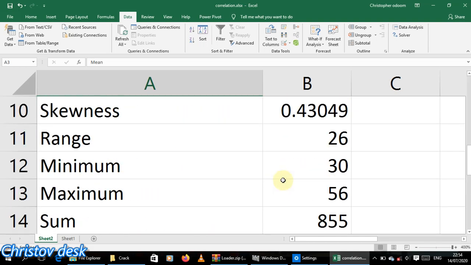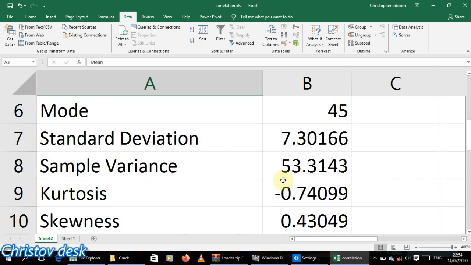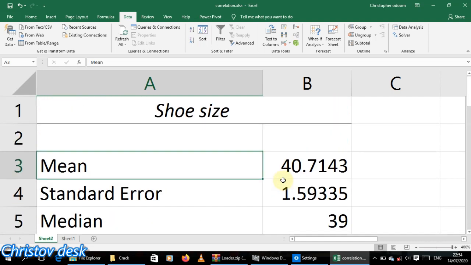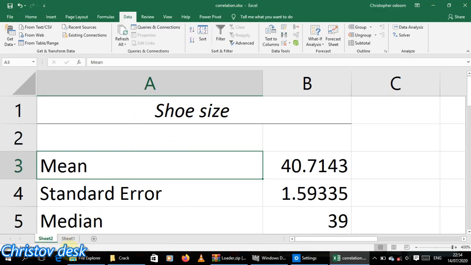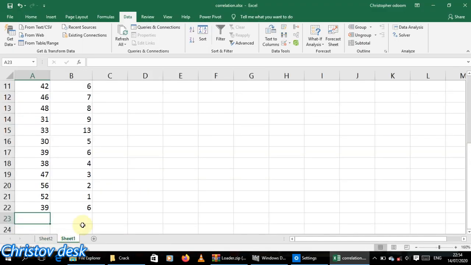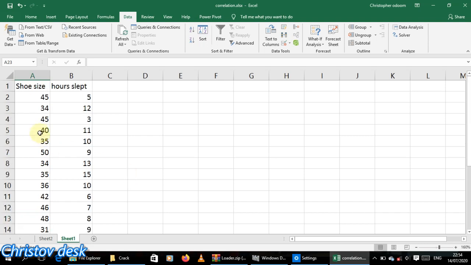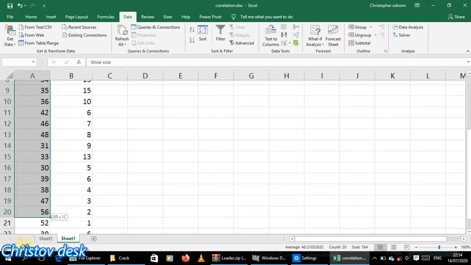So this does the descriptive. You can just analyze this data and you'll be fine. But you also want to see it graphically. Remember, graphic representation is also part of data analysis. So you select this and analyze it using some graphs.